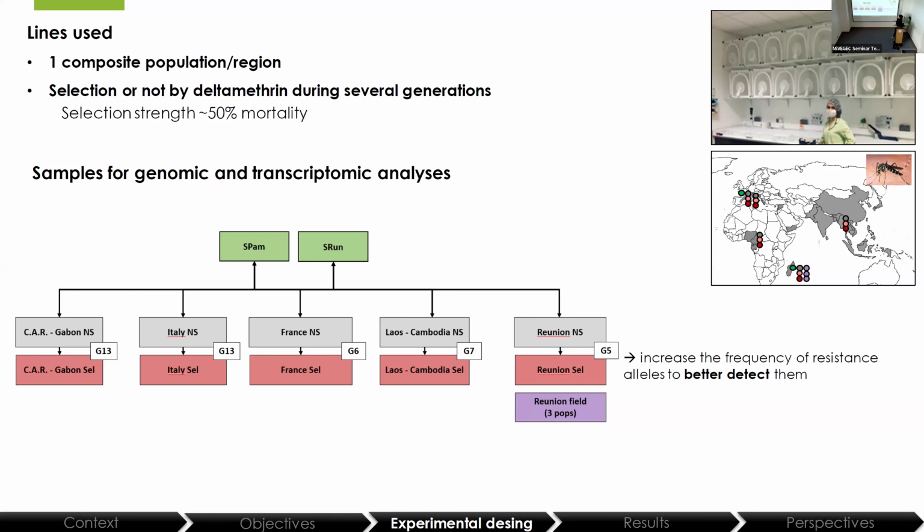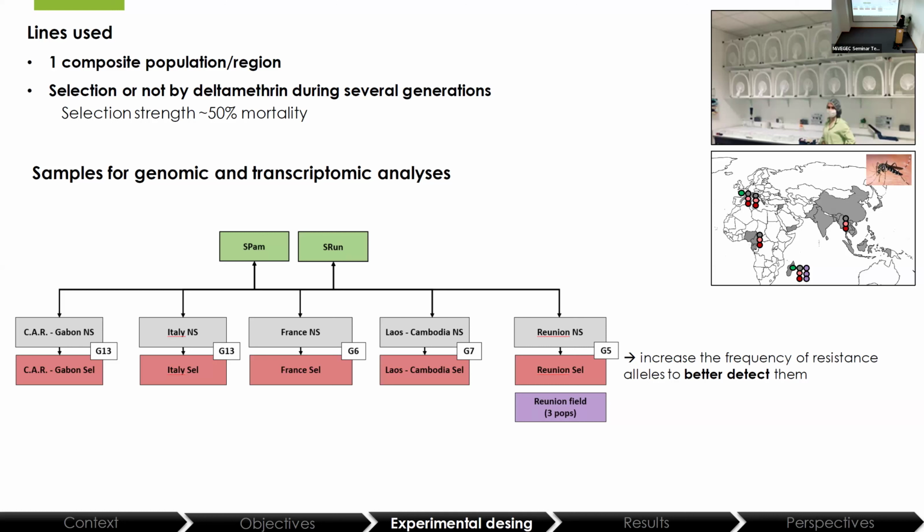The samples I use for my transcriptomic and genomic analysis are here. I have 2 susceptible reference lines, which are SPAM originating from the south of France and SREN originating from La Réunion Island.